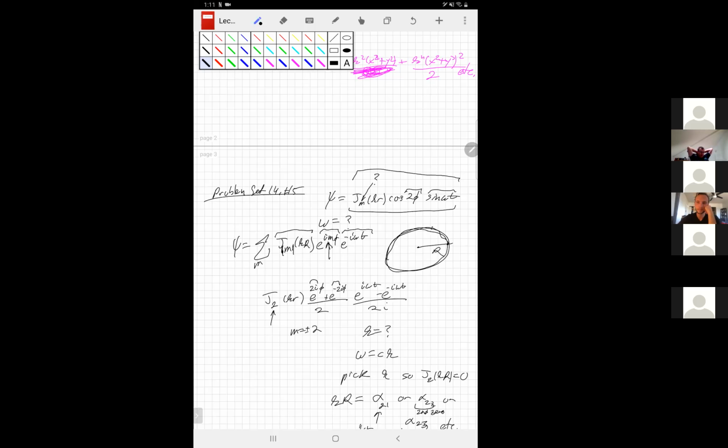So k is going to be a Bessel function zero divided by R. And then omega is equal to the speed of the wave multiplied by k. So omega is going to be c times the Bessel function zero over R. Does that clear it up?